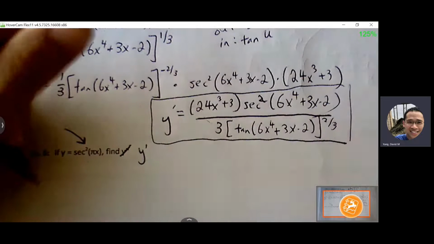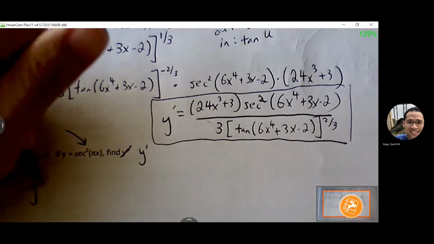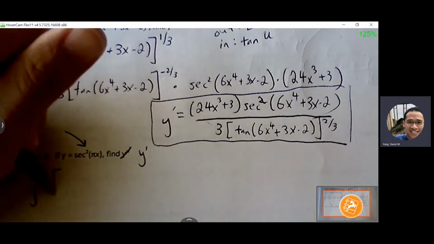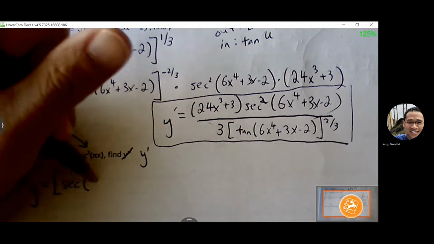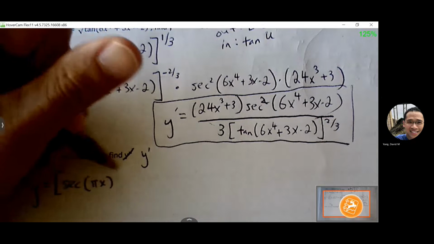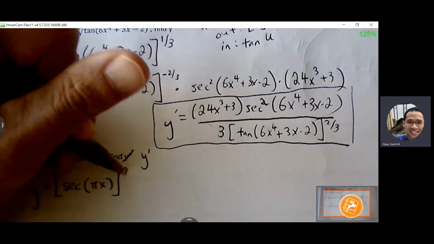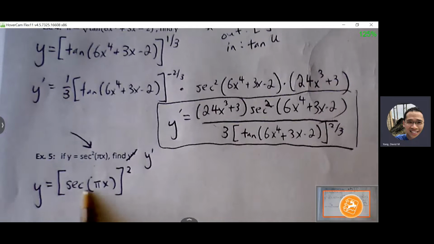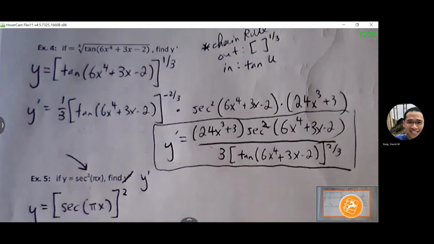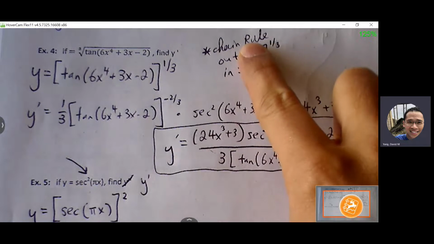But the issue is taking the time to rewrite it. If you do rewrite it, it's going to be a lot more visually helpful for you to see the need for, guess what we have to do here? Chain rule, okay?